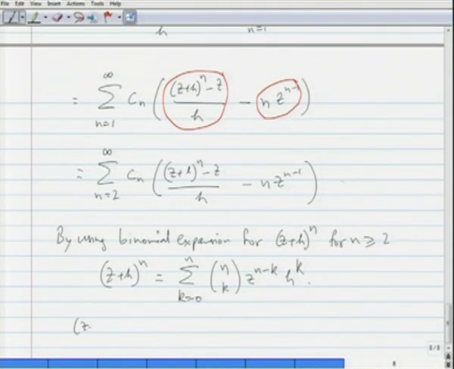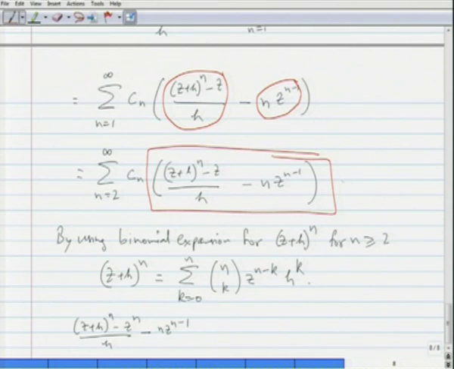Okay. So, we will use this form, and what we get is (z plus h) power n minus z power n divided by h minus n z power n minus 1, which occurs here in our estimate.